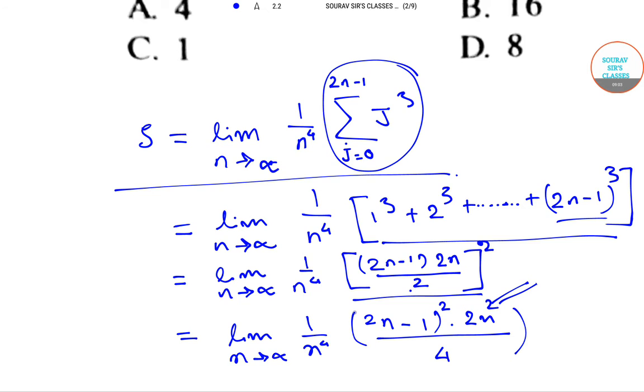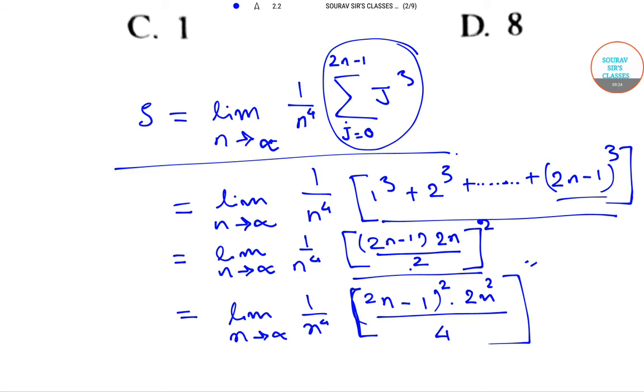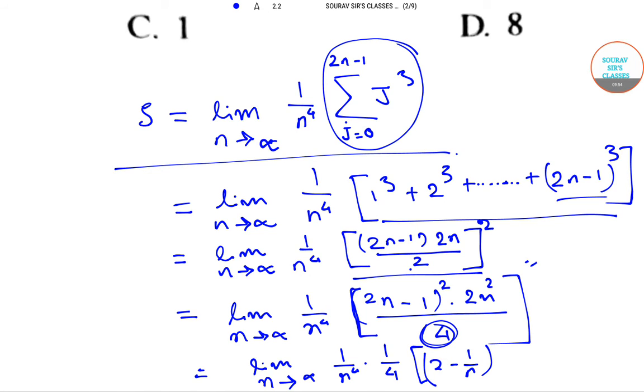Now we can do one thing: write the limit as n tends to infinity of 1 by n to the power 4, with the constant part 1 by 4 outside of the bracket, and then write it as (2 minus 1 by n) whole square into 2 square.